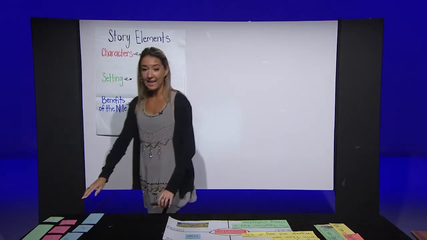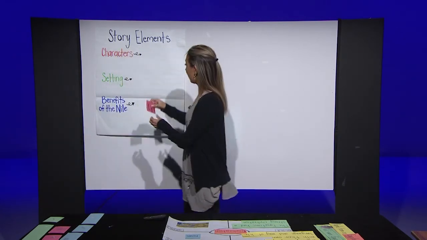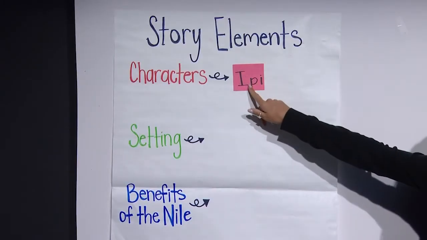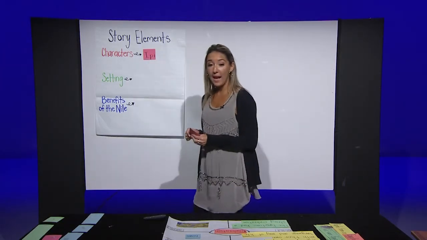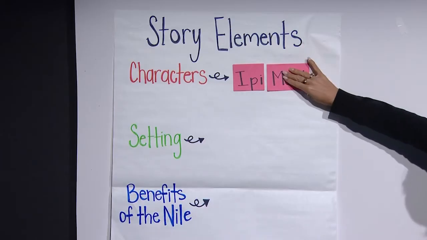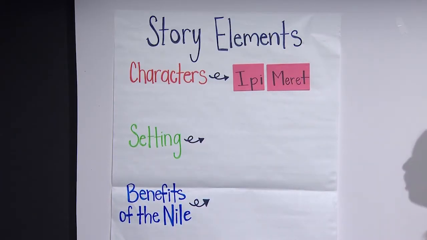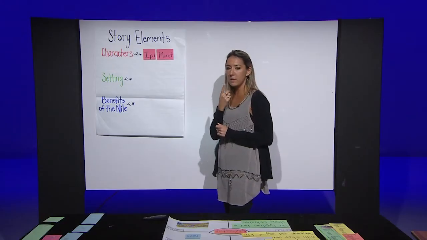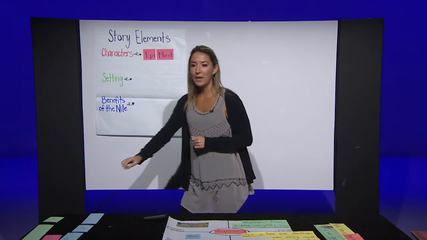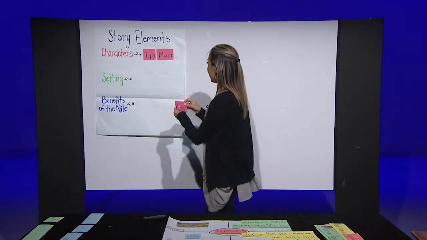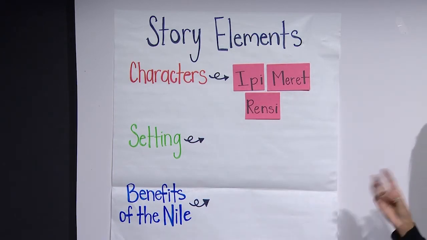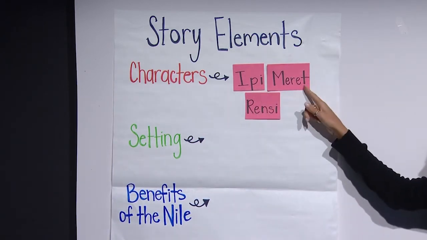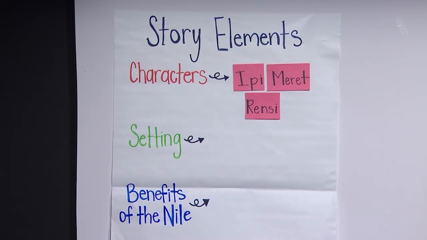If you said Ippy, that is correct. That was the mother. If you said Meret, that was another character, and that was the daughter in the story. And our last one was Rinzi. Rinzi was the father. So we had 3 characters in our story: Ippy, Meret, and Rinzi.